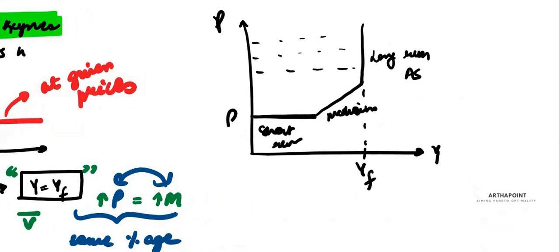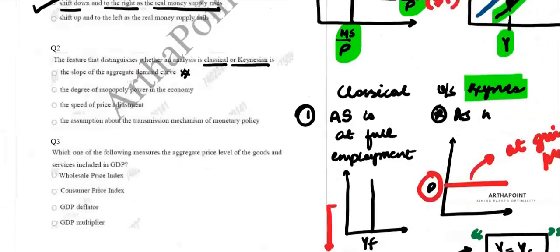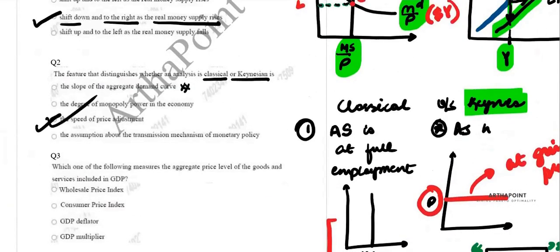At the given prices, supply any output, but prices will remain the same. So this is basically talking about which theory? Keynes. This is classical. So what we can say is that the speed of price adjustment is different when we talk about classical versus Keynes.